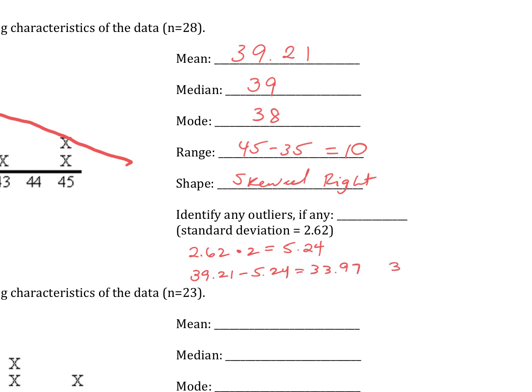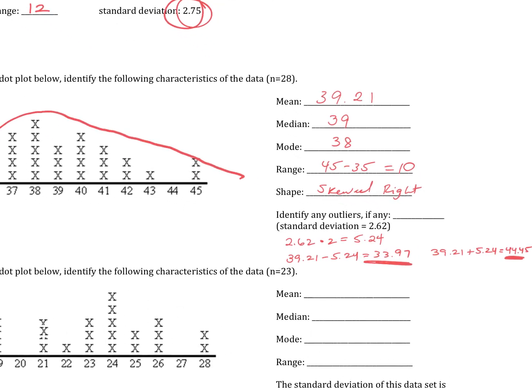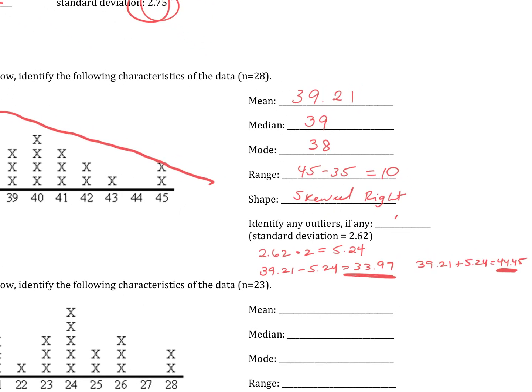And then 39.21 plus 5.24 is 44.45. Looking back at the data, there's nothing smaller than 33.97, but I do have a number bigger than 44.45, that is 45. So my outlier is 45, which makes sense. Typically, when your data is skewed, you have a chance of having some outliers.